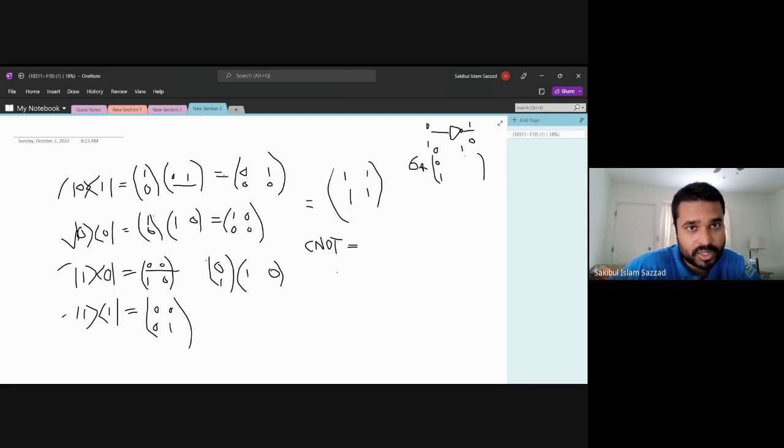If the input is ket 1, I will get output ket 0. So how does ket 0 look? It is 1 and it is 0.